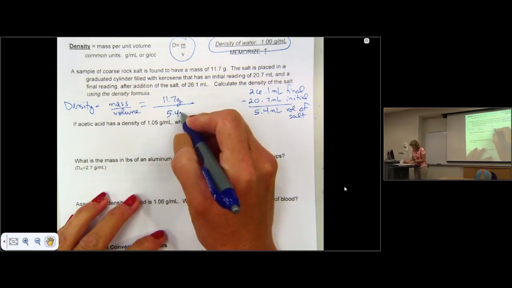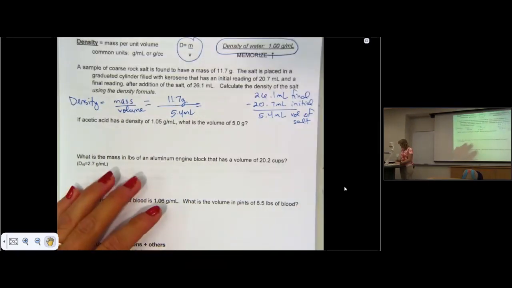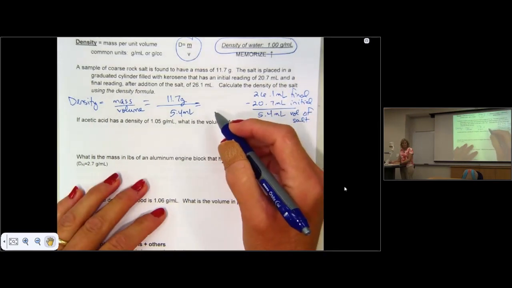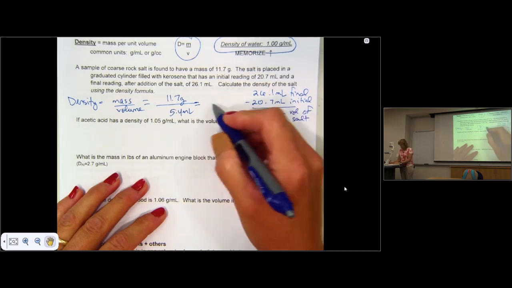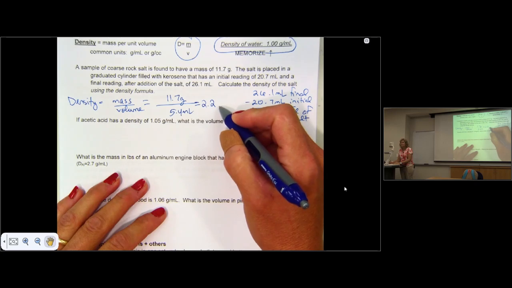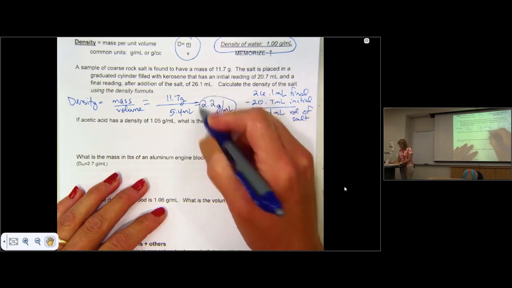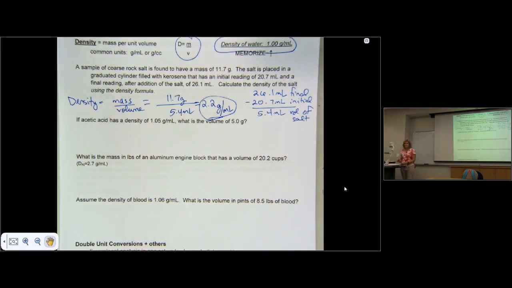5.4 milliliters. What is the final answer using proper significant digits? 2.2. Now, what is my unit? Grams per milliliter. Do I have to keep both units? Yes. Hold on just a second.